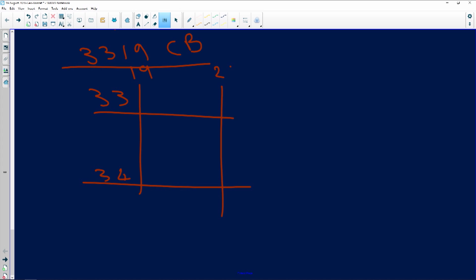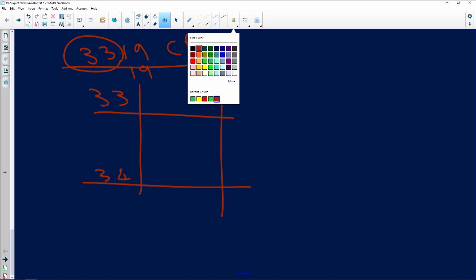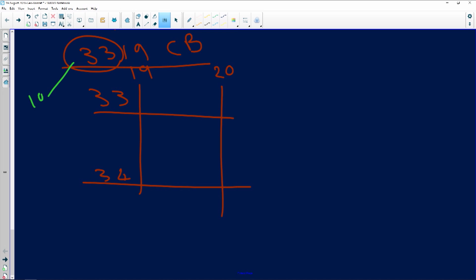This will be 20 degrees. Remember, the 33 represents latitude, the 19 represents longitude. Okay, now C means big block and B means small block.